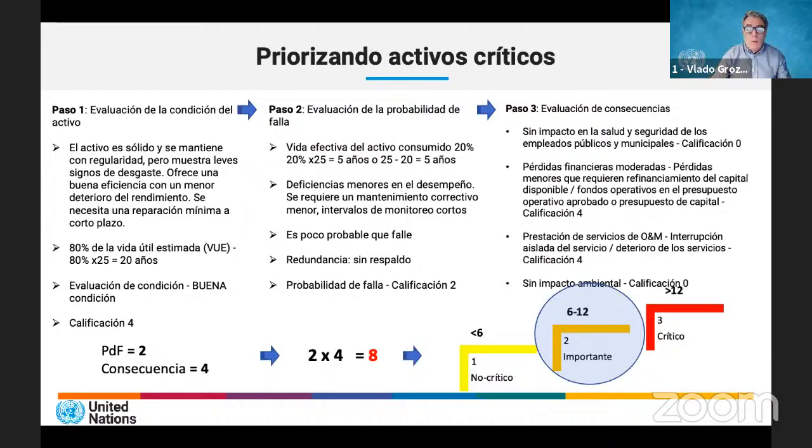The question is always, if the asset fails to perform or breaks down, what will the consequences be? Then if we have high risks or a high list of critical assets, we have to prioritize these assets either for increased maintenance or to replace or renew.